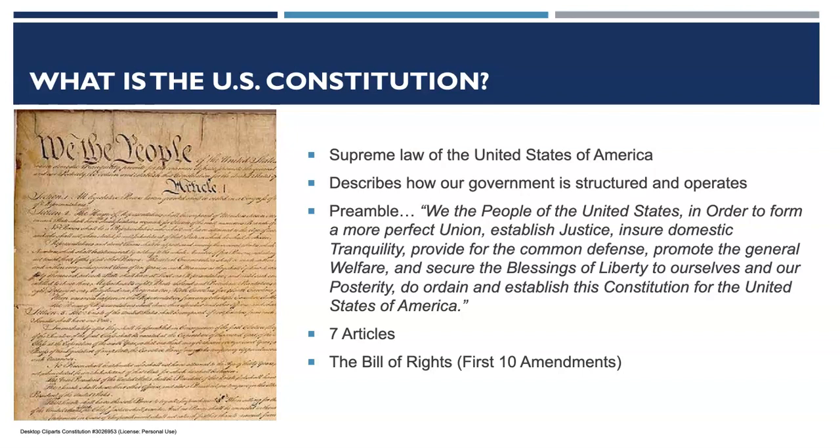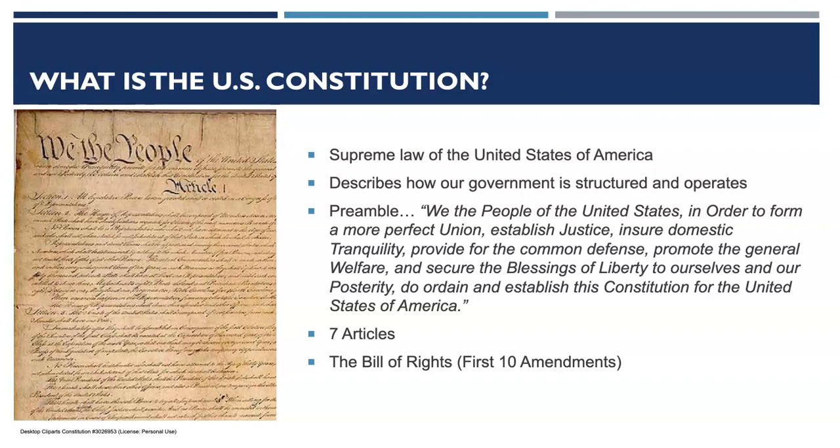It begins with a preamble, which is a brief introductory statement about the Constitution's purpose and principles. Then it covers the 7 articles, which describe our government structure and how it operates, and includes the first 10 amendments that we all know as the Bill of Rights.